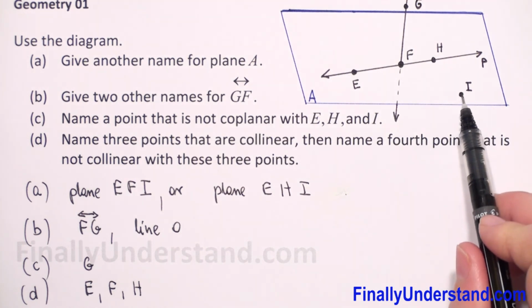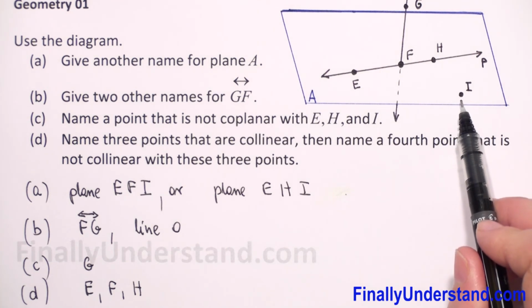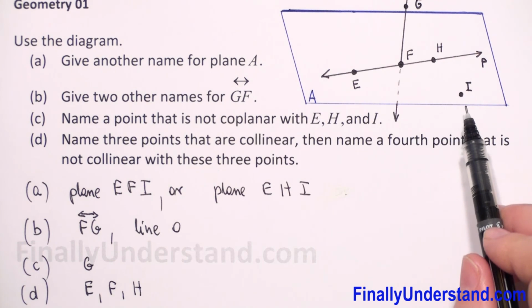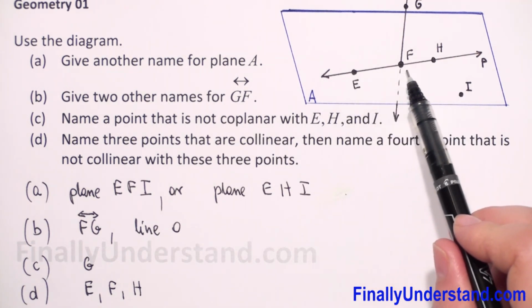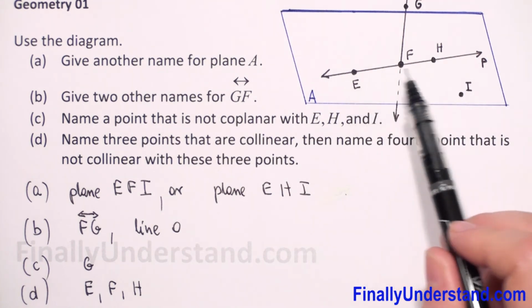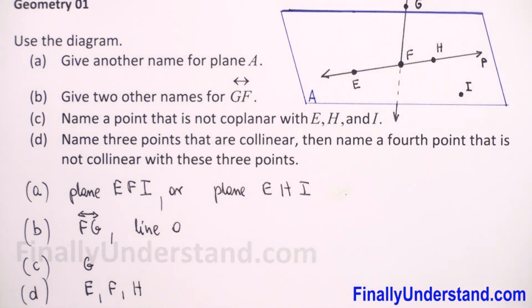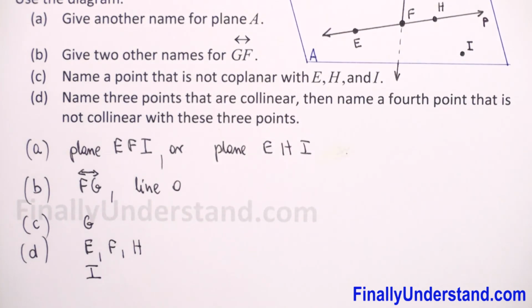So this point is I. This point is not collinear with E, F, H, because E, F, H lie on the same line and I does not. So the answer will be I, point I. This is my solution.